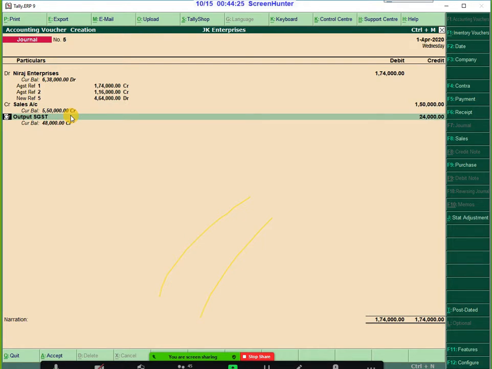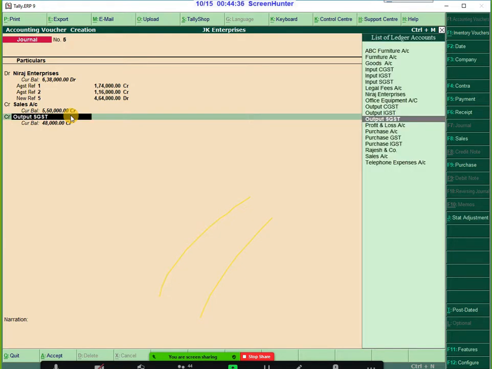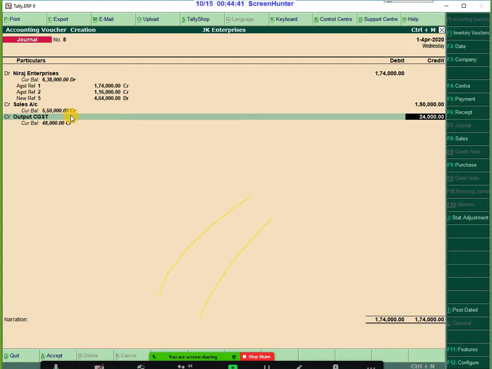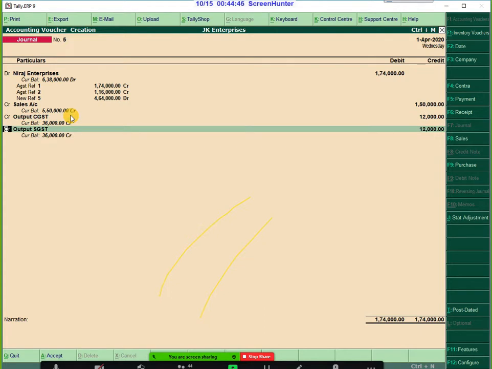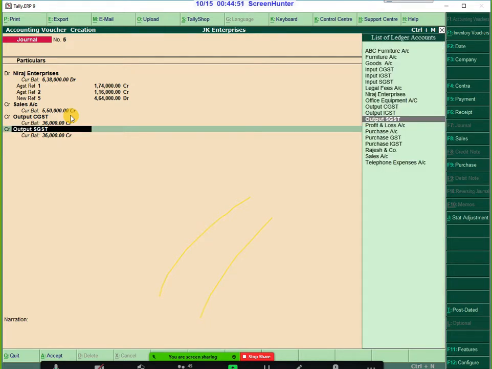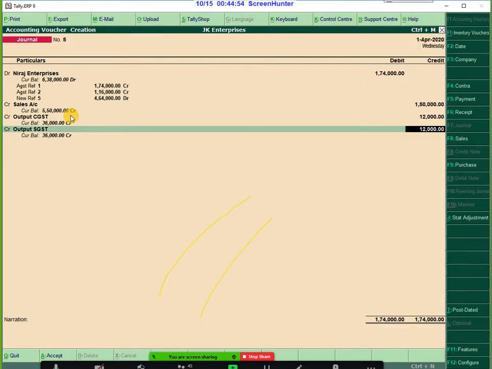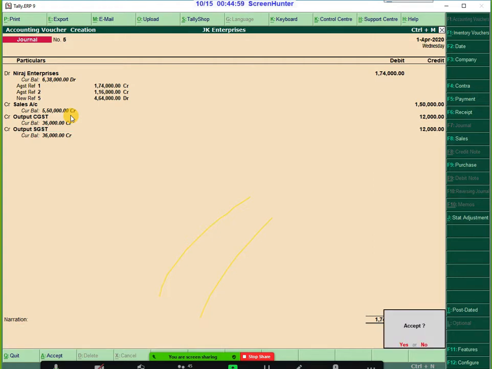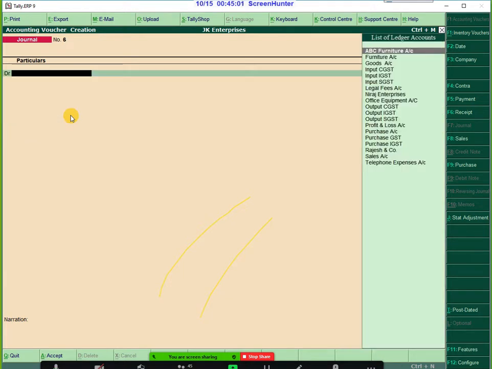Then credit goes again to GST output, central GST output CGST 12,000, output SGST again 12,000. Total bill will be 1,74,000. Accept, yes.